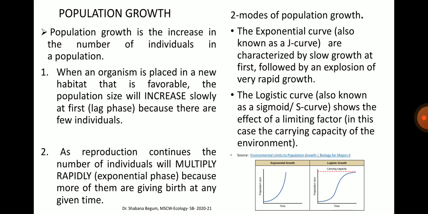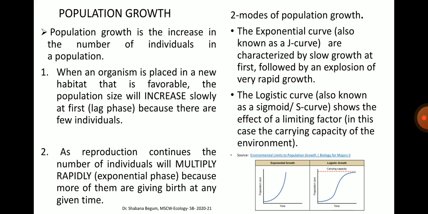The characteristic growth of a population is represented by population growth curves. Such a curve can be plotted if the number of animals is noted against the time factor. The two modes of population growth are, the first one, the J curve or exponential curve, which is characterized by slow growth at first followed by an explosion of very rapid growth.